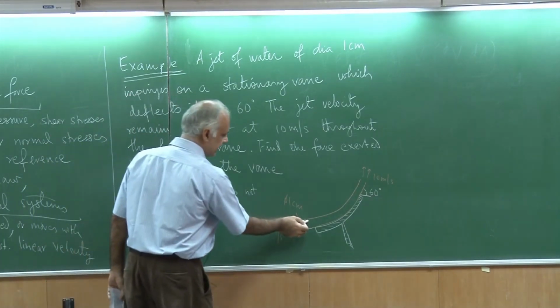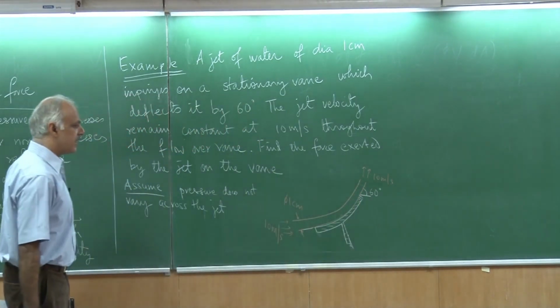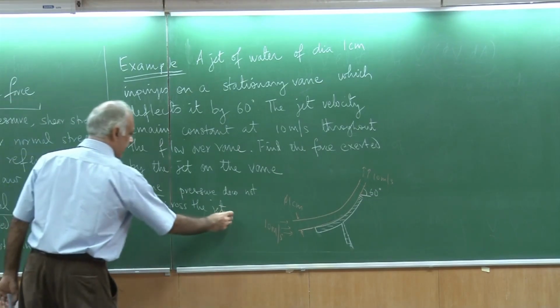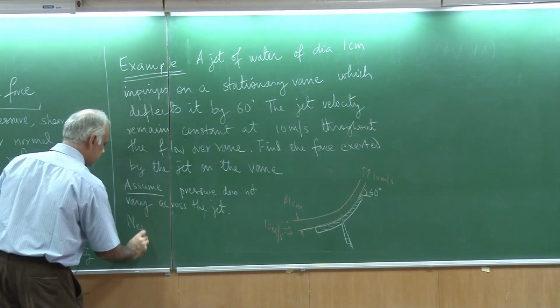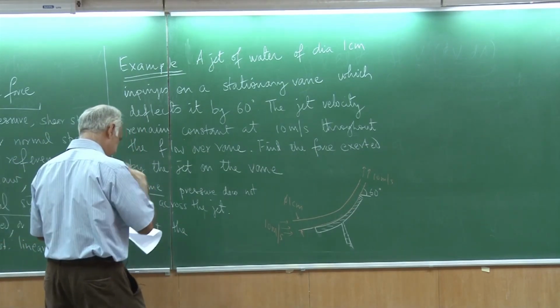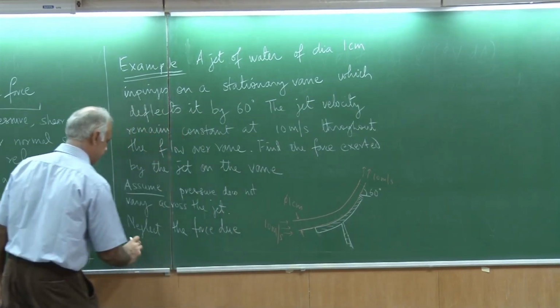So, essentially this pressure is going to be atmospheric pressure when the jet is coming in and leaving the vane, and I can also neglect the weight of the fluid, force due to gravity.